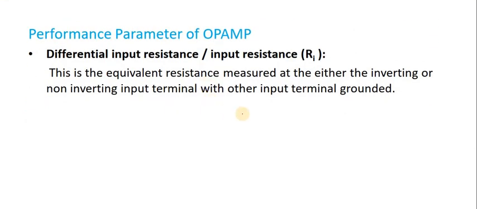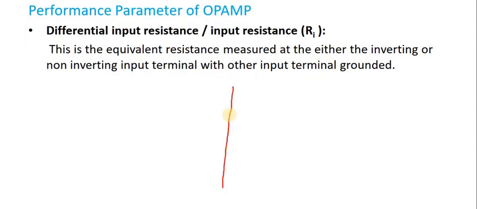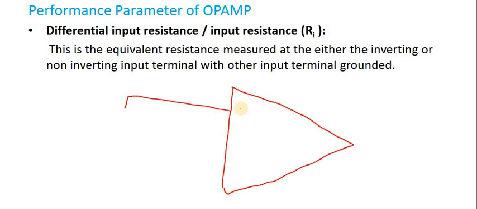Next is differential input resistance. Now how do you calculate the input resistance of the op-amp? You have two terminals, inverting and non-inverting.